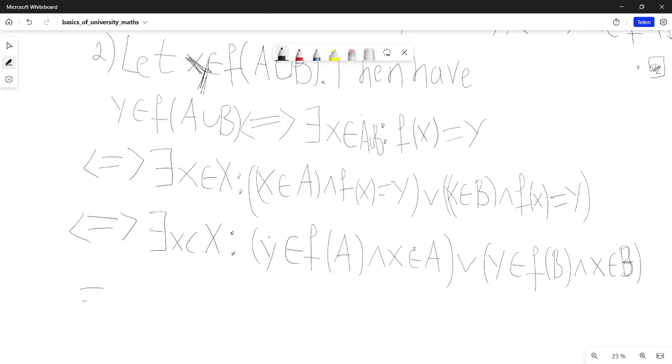Well, there exists x element X such that this is true or this is true. Well, and that means what, in particular, since truth of that statement means in particular the truth of that.